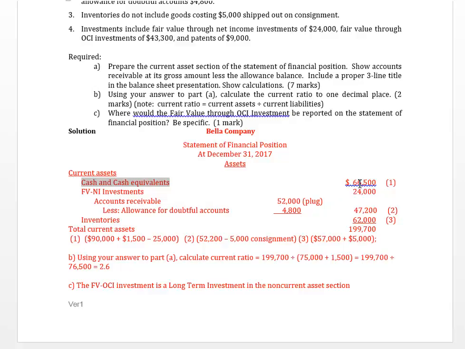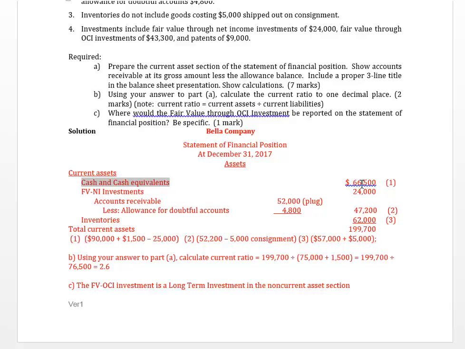You would have had $63,500, but then you would have had a line here between cash and cash equivalents and fair value through net income investments that said cash equivalents. But in my case, I left it there and I kept the account name as cash and cash equivalents. We learned how to do this in a previous course, so I stuck with that presentation. And that would give me $66,500.